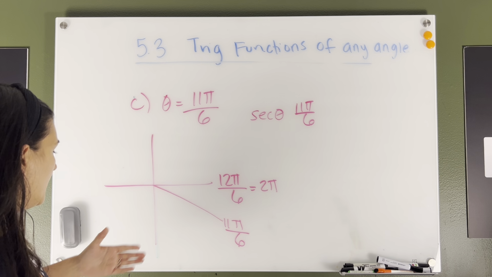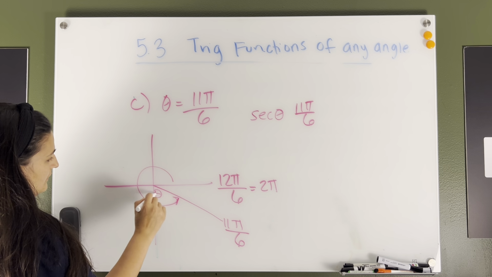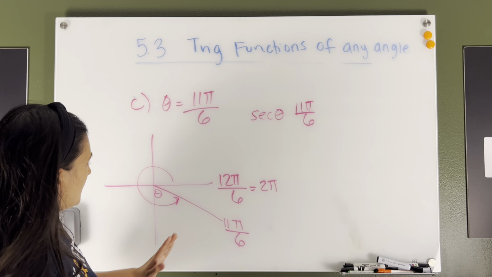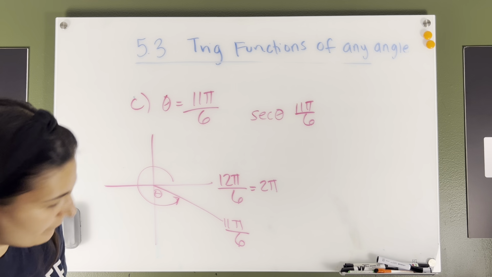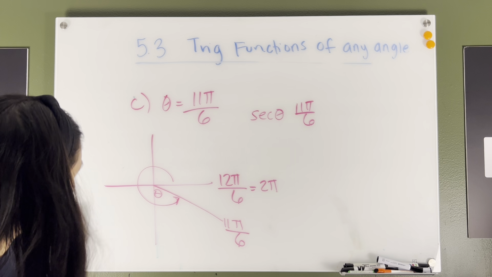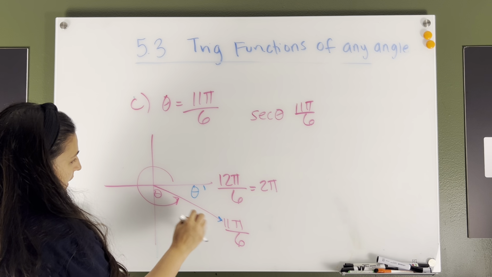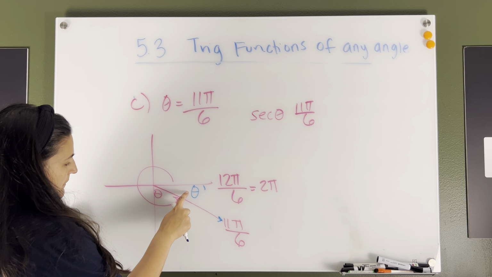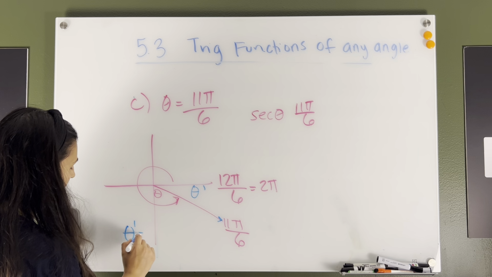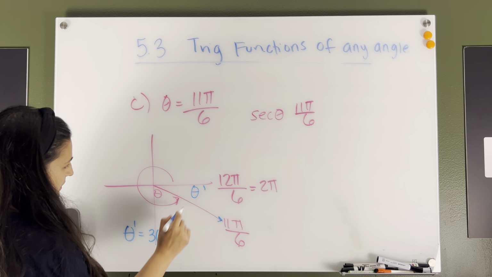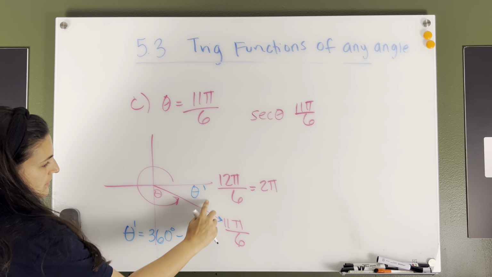So the reference angle, okay, so remember that if this is theta, the entire angle formed until you get to 11 pi over 6, then the reference angle is going to be the acute angle formed between the terminal side and the x-axis, so that would be right here. Okay, so how do we get that? Theta prime is 360 degrees, which is the entire circle, minus the theta to get to this portion.